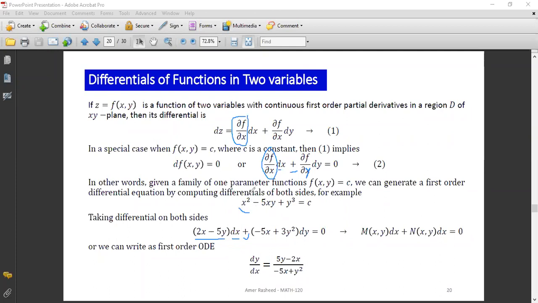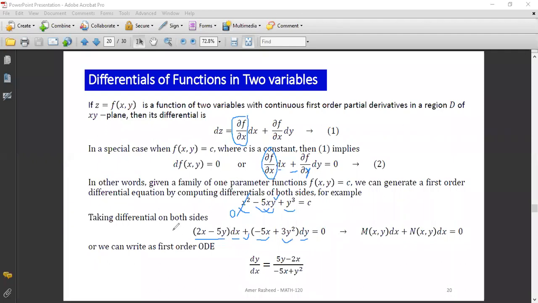So if it is constant, its derivative becomes 0. Here, in 5xy, the derivative of y is 1, x remains the same, so negative 5x comes here, and the derivative of y power 3 is 3y square times dy.